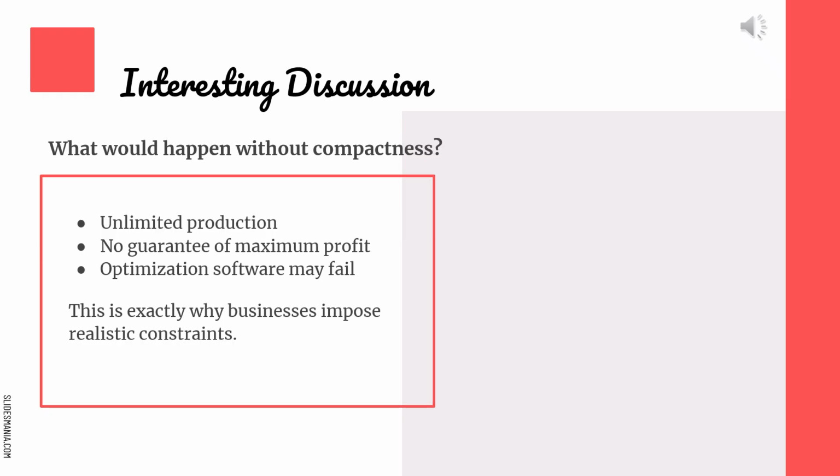Now, if there's unlimited production, you can't really guarantee you're going to reach a maximum profit per year. You can't say this year I'm going to make this much, because you can keep on producing, and maybe people will keep on buying or will not buy at all.